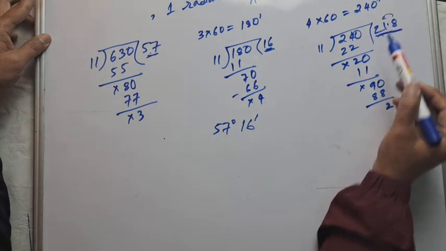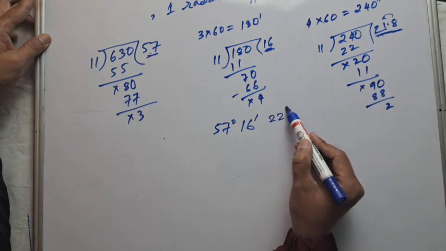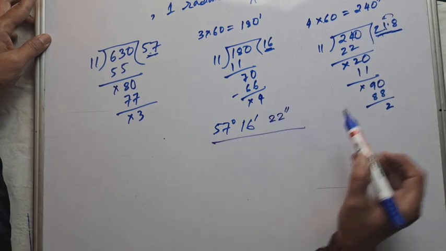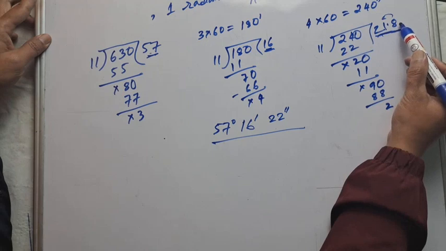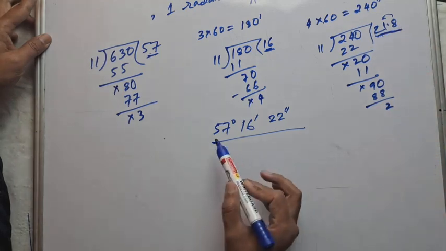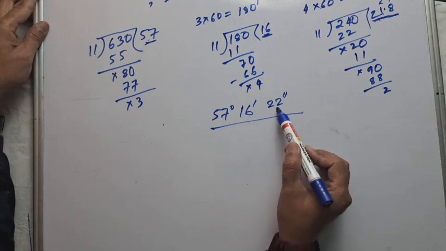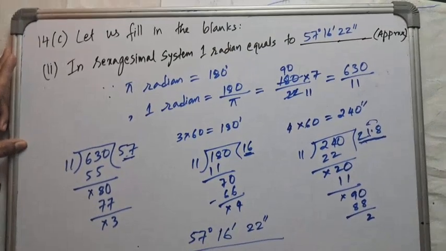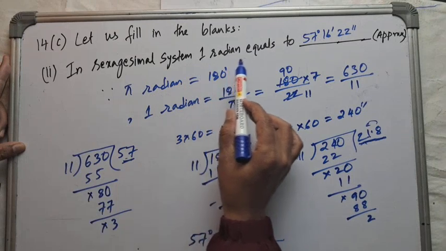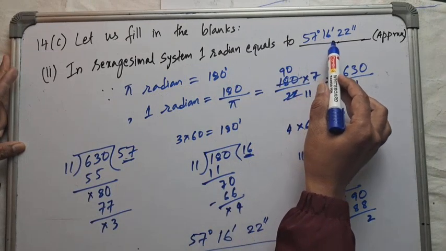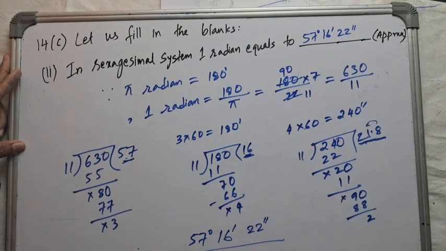Okay, 22 seconds. This is an approximate value. The correct value is 21.8, and so on. We are still dividing, isn't it? So the approximate value is 57 degrees, 16 minutes and 22 seconds. In the sexagesimal system, 1 radian equals 57 degrees, 16 minutes and 22 seconds.